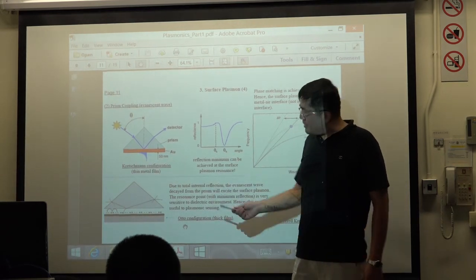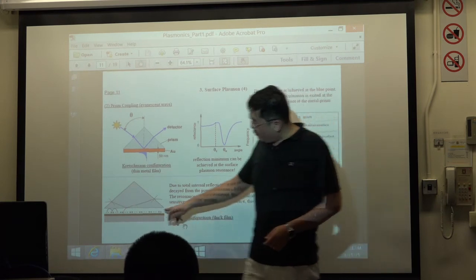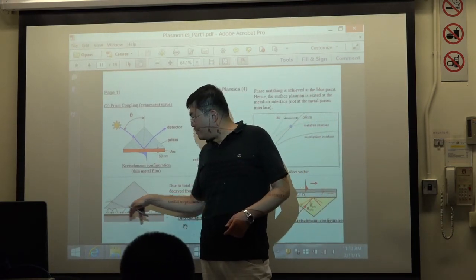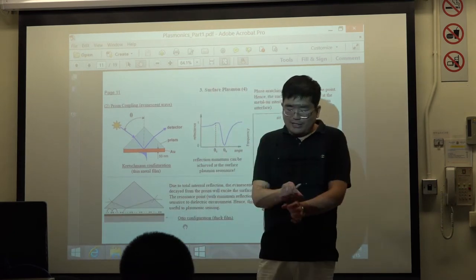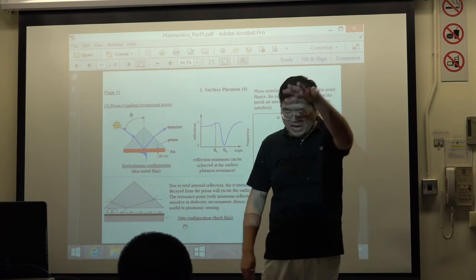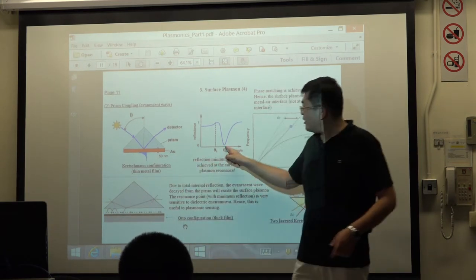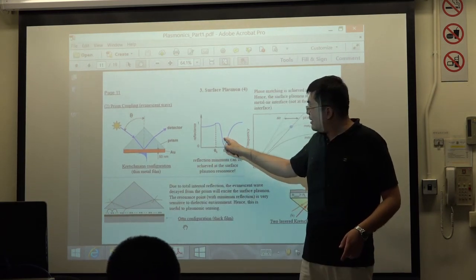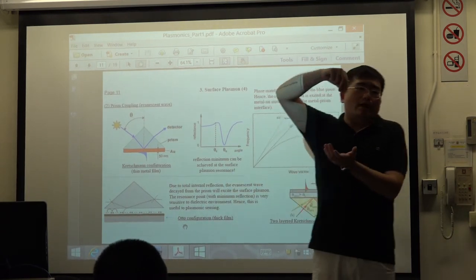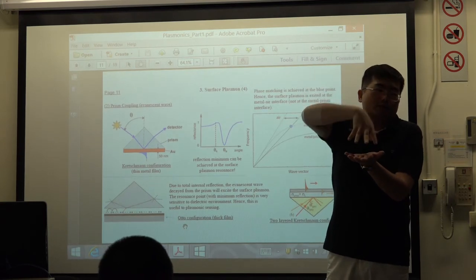So this has been commercialized. People put some antibody below this metal and shine light on it. They find that at a theta of maybe 70 degrees they get the minimum. Now they put some cells on it.